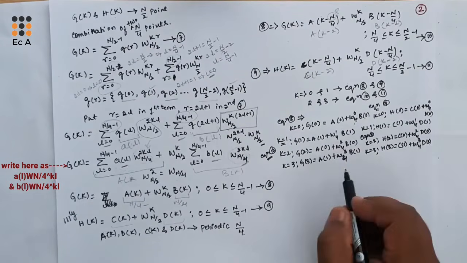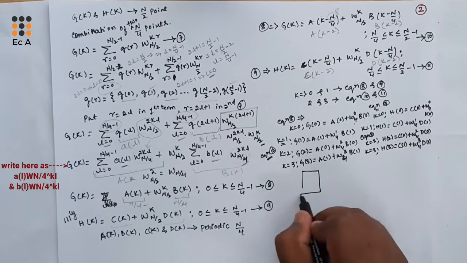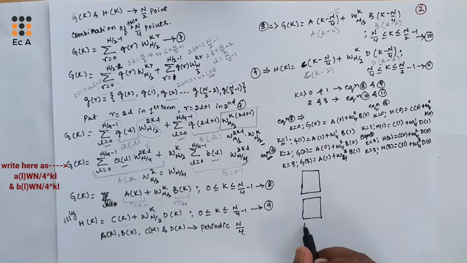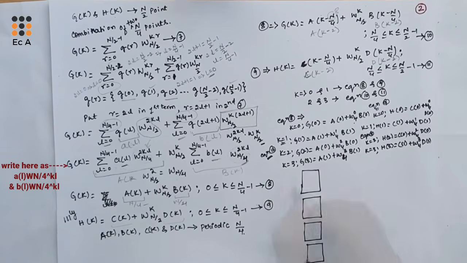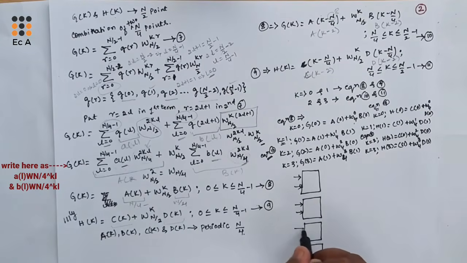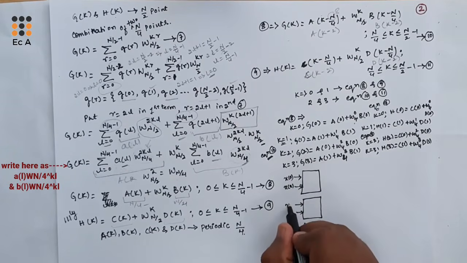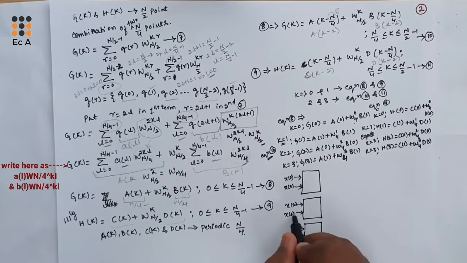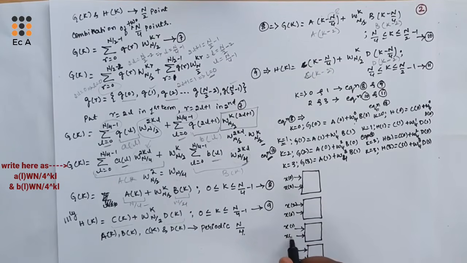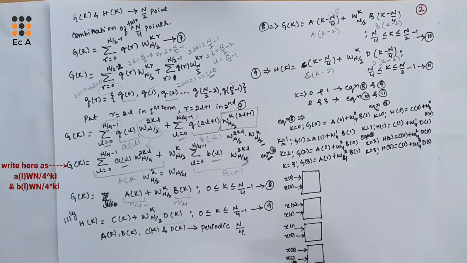For this, let us write the signal flow graph. Let us divide it into 4 blocks. Each block will be having 2 inputs. To write the inputs, we will write it as x of 0, x of 4, x of 2, x of 6, x of 1, x of 5, x of 3 and x of 7.